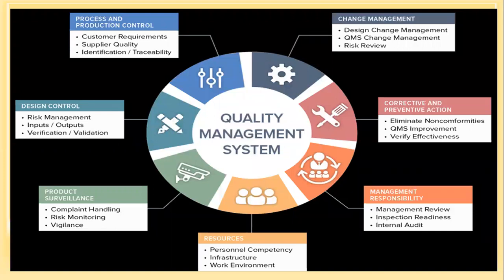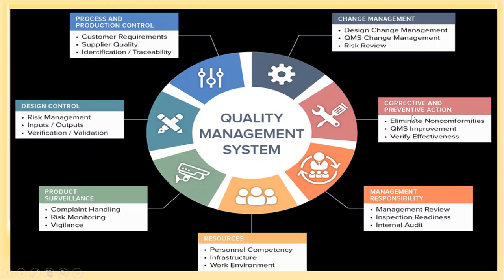Right? Quality management basically looks into all these things like change management, design change management, QMS change management, and risk review also. These are all the settings they do in their organizations. Until they feel that the management is not working properly, they design a process of change management like that, or sometimes a rotational basis of the management system they follow. And they always look into the corrective and preventive actions.